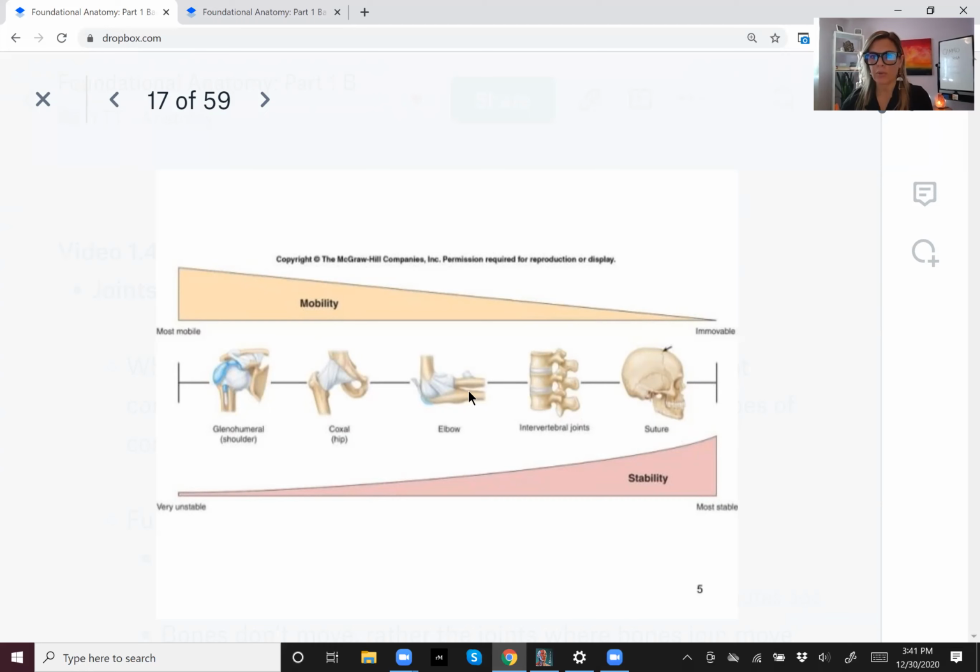And then we can go through and look at the other major joints of the body, right? So the elbow, we have some more movement there, but we don't want a ton, but we still want mobility. And then we also need a lot of mobility in our hips, and most of the mobility that we need is in our shoulders because we do most of our movement in life with our upper extremities.